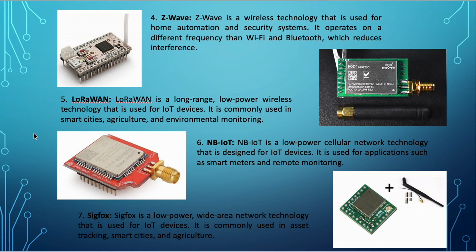LoRaWAN, because of long range, low power. So rather than using Zigbee, the best option for that example is LoRaWAN, because it has the property of long range and the usage of power is very low. So this is why it is needed for IoT itself, right?